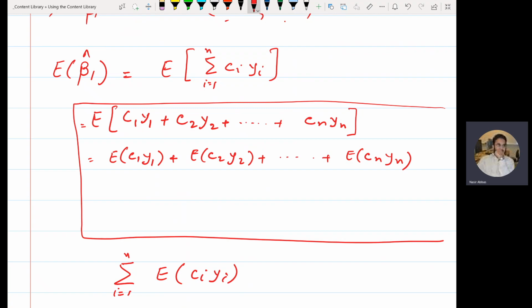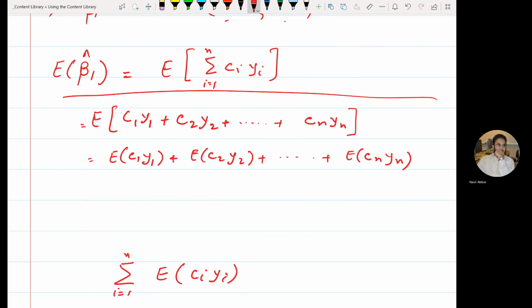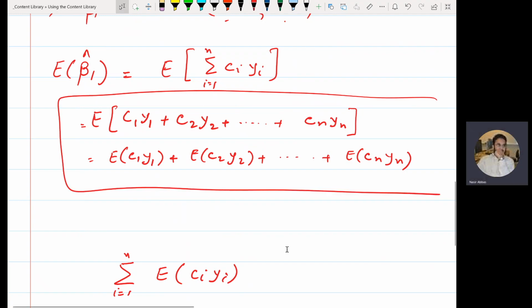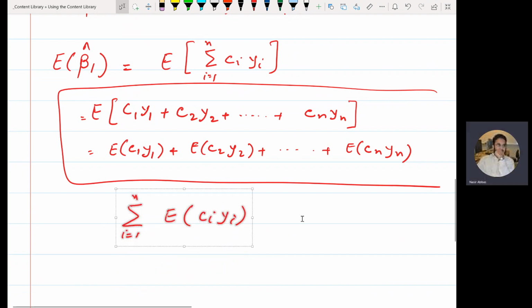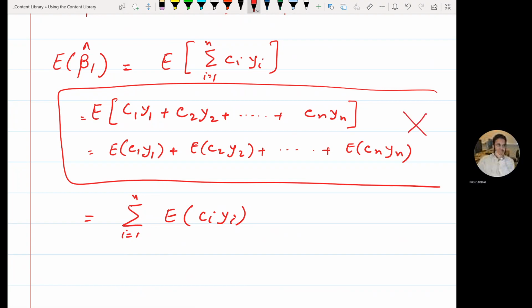And then you write the same thing again in summation form. And you get this. Now from this moment onwards, I will not do these steps. I will simply interchange the summation and mean.